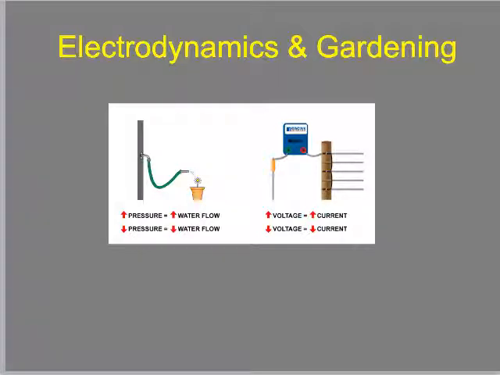In a comparable statement, if I have increased voltage, I would expect to see increased current. Decreased voltage, I would expect to see decreased current. Right? So the same thing as turning the water on and off in a garden hose.